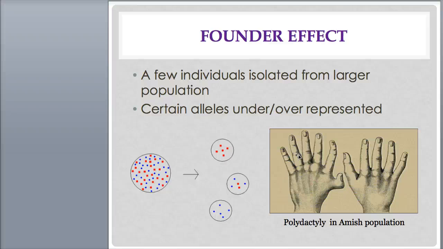Just because they're so separated from the rest of us, that type of stuff happens more frequently. The allele frequency for this type of stuff is more frequent for Amish people, especially in Pennsylvania. That's the founder effect, when a small percentage of people leave and go somewhere, and their alleles become more expressed than the other ones.